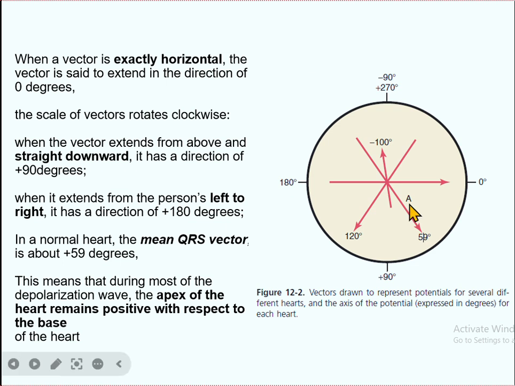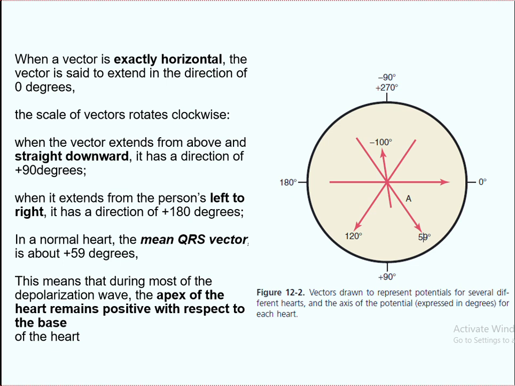So if the heart has been displaced negative 40 degrees, it has moved 40 degrees anti-clockwise from its normal position. If the deviation is positive 50 degrees, then from the normal position of 59 degrees it has moved an extra 50 clockwise, making it around 109 degrees.